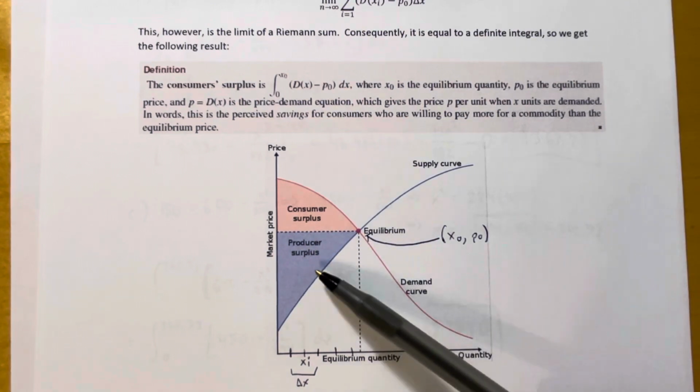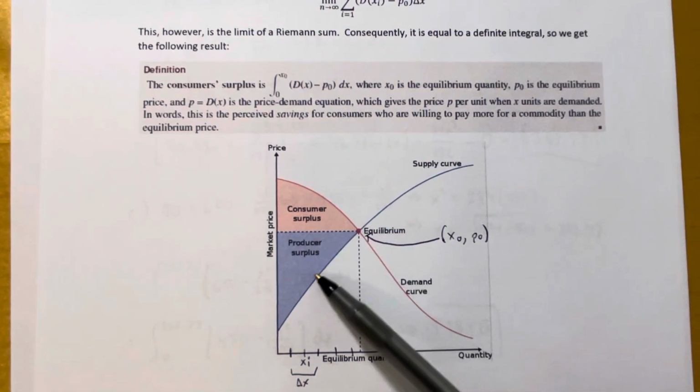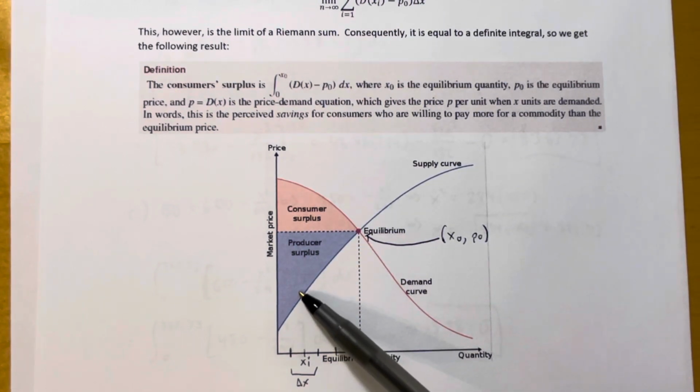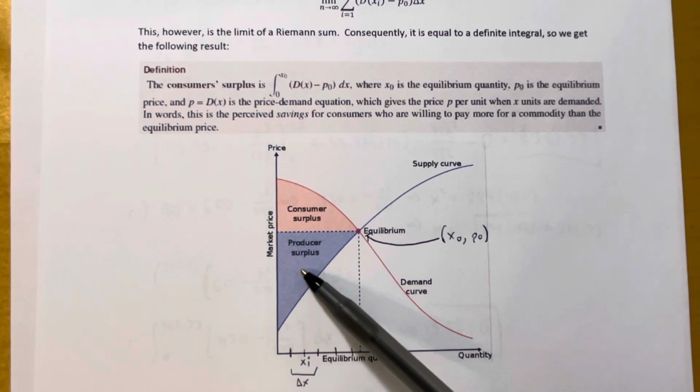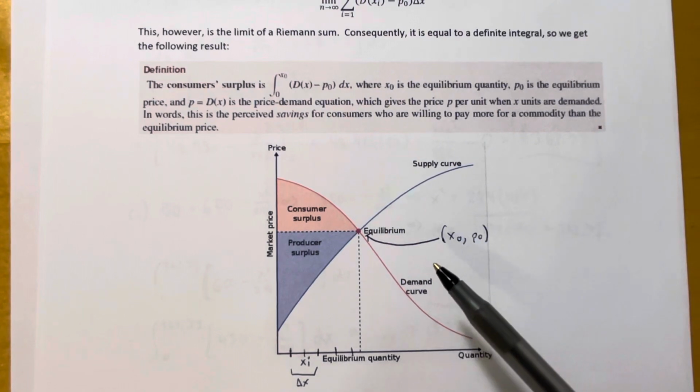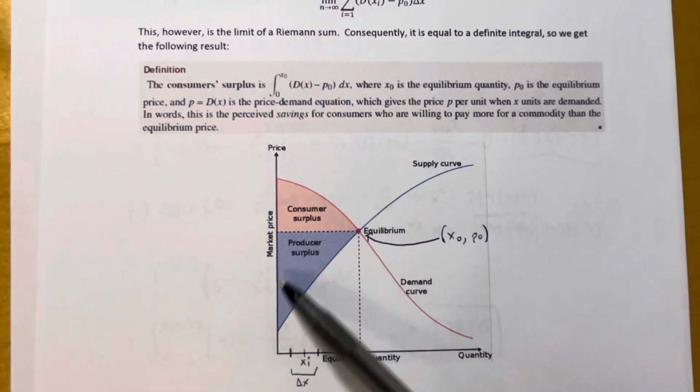So the way we interpret that is that for these lower supply levels, the producer might be willing to price their product at a lower value than the equilibrium price. So they are selling at market price, but they are willing to sell for less.